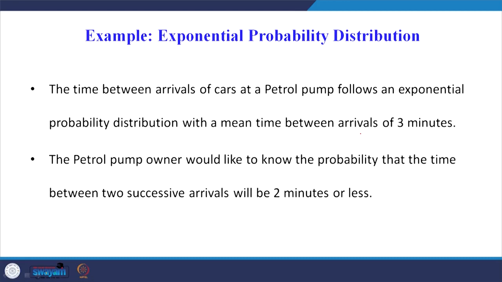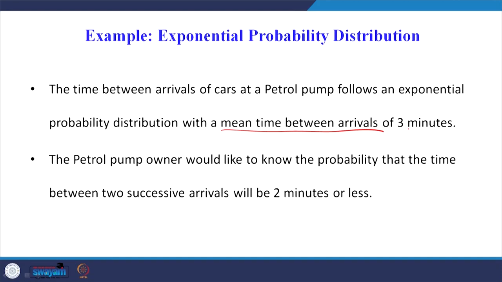The time between arrival of cars at a petrol pump follows an exponential probability distribution with a mean time between arrival of 3 minutes. See that it is the mean time between arrivals. So, the mean is 3 here. The petrol pump owner would like to know the probability that the time between two successive arrivals will be 2 minutes or less.